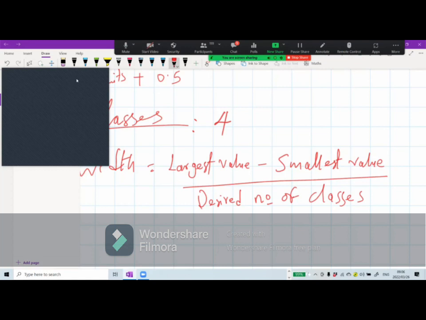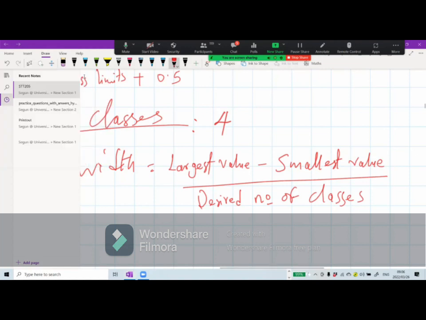Don't forget, we want to know the width of that class: the largest value minus the smallest value. Now we know the largest value is what? 47 minus 1, divided by 4.